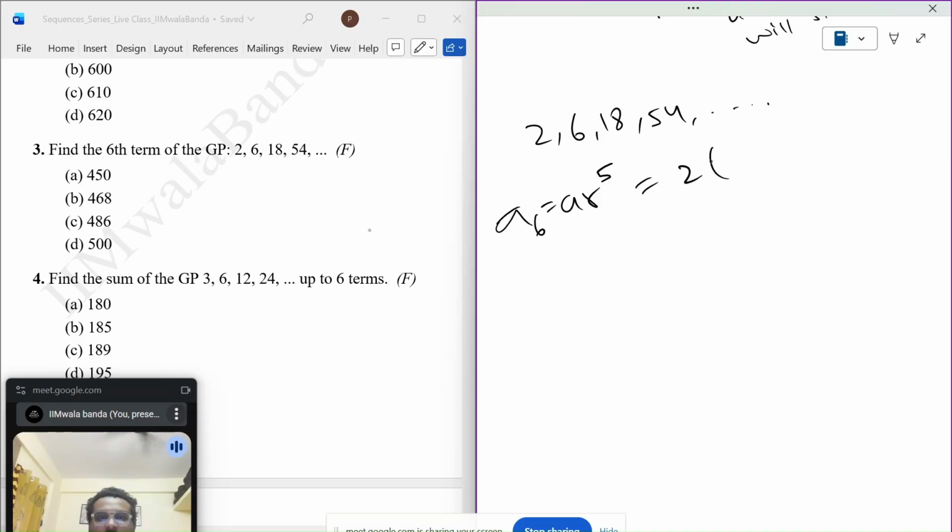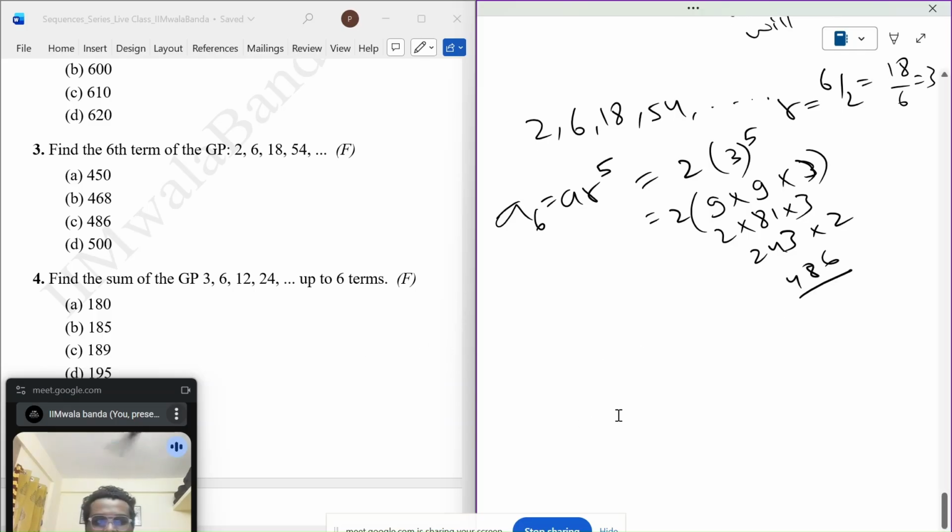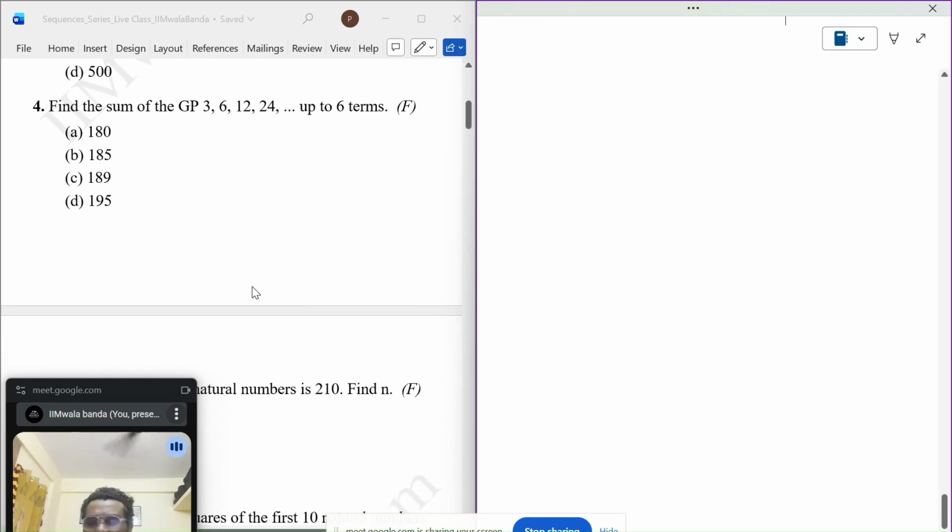A is 2, and R you can get from any two consecutive numbers. This becomes a little calculative, but you know that 3 to the power 2 is 9, then 9 times 3 is 27, and so on. So I will write it as 3 square, 3 square and 3, or 81 into 3, or 243 into 2, or 486, right? So this is also one of the ways to tackle these powers.